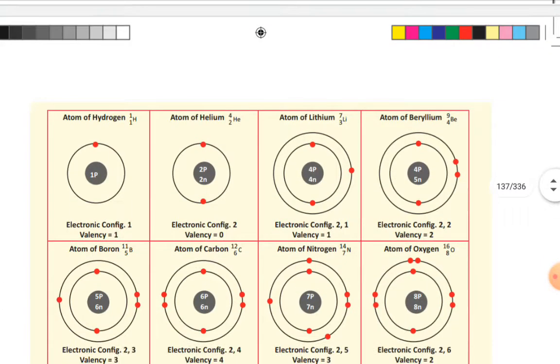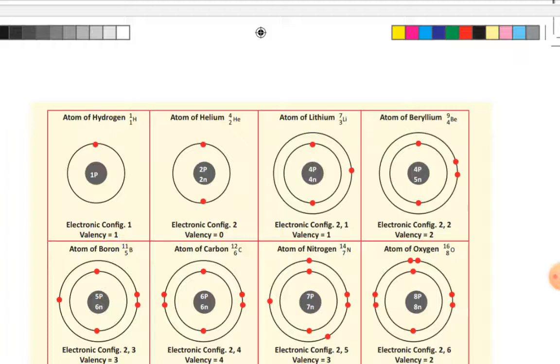Here you can see some geometrical representation of atoms given. You have to go through, draw and practice. See how to draw this geometrical representation, distributing electrons. First you have to draw a small circle, the inner circle, that represents the nucleus of an atom.